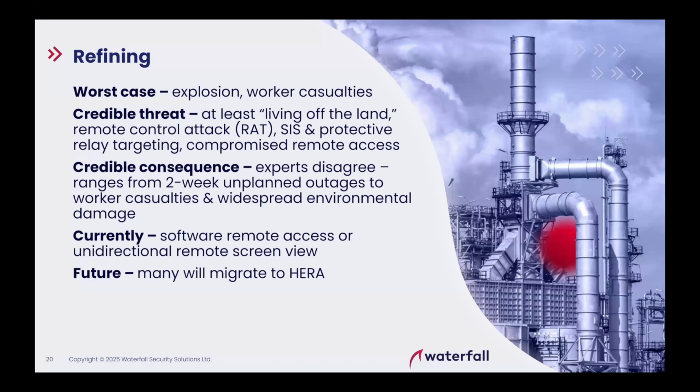Some will say no, all worst case consequences are detectable, and so they won't occur because we'll catch them in time. Others will say nuts to that. We believe that it's a credible consequence that we need to address with a high degree of confidence.